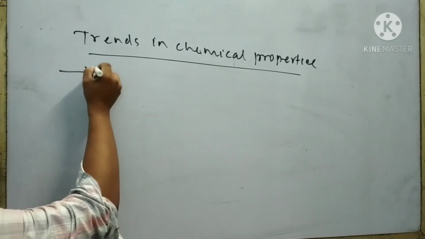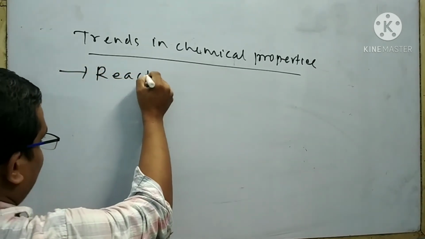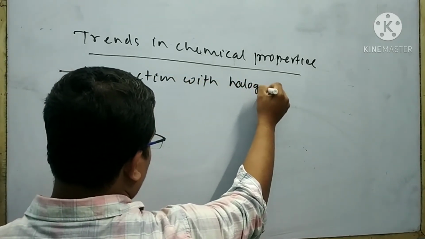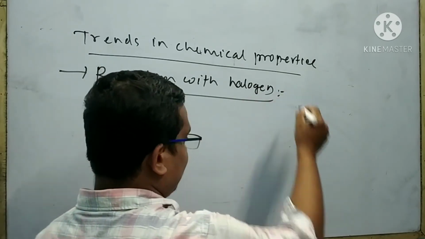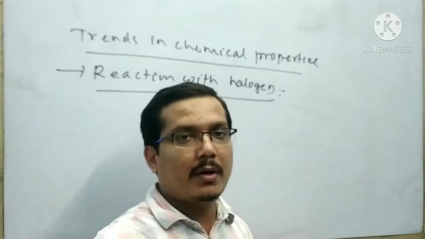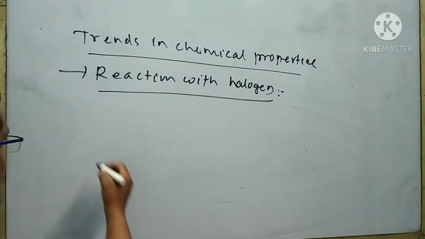Next chemical property is reaction with the halogens. All the elements can react with the halogens to form a number of halides.